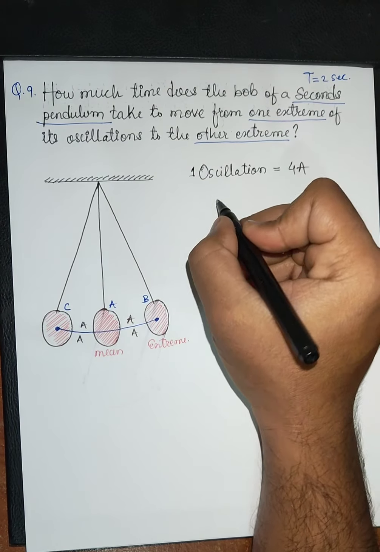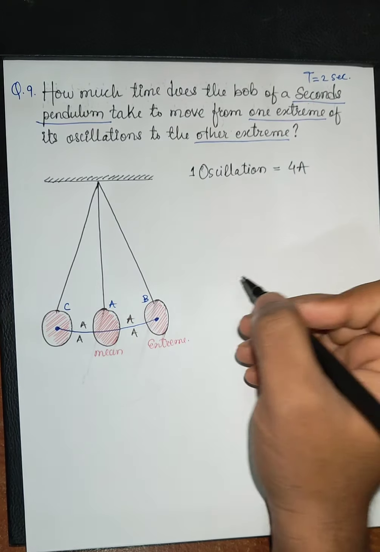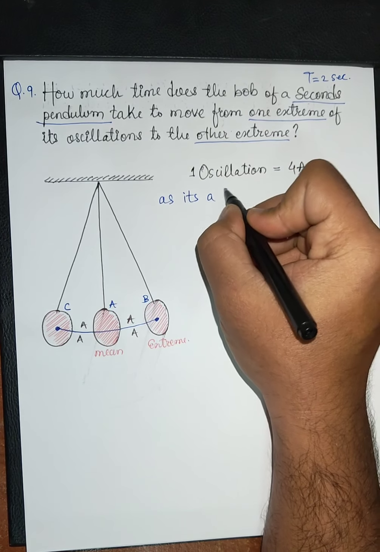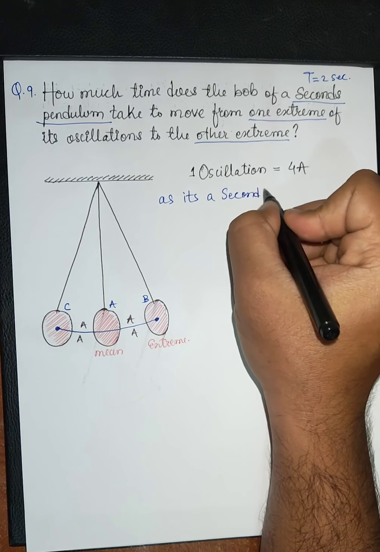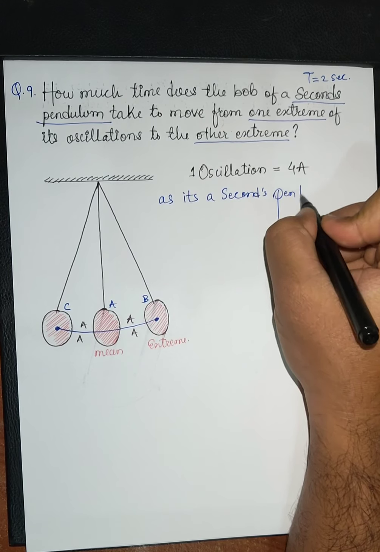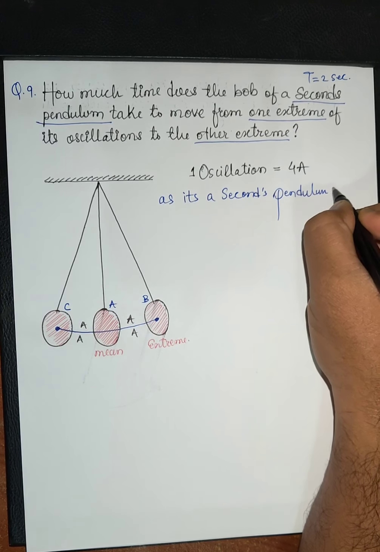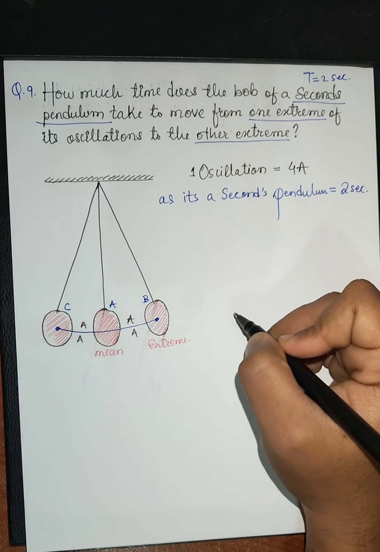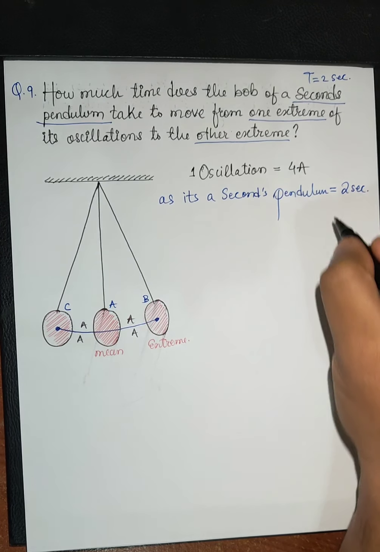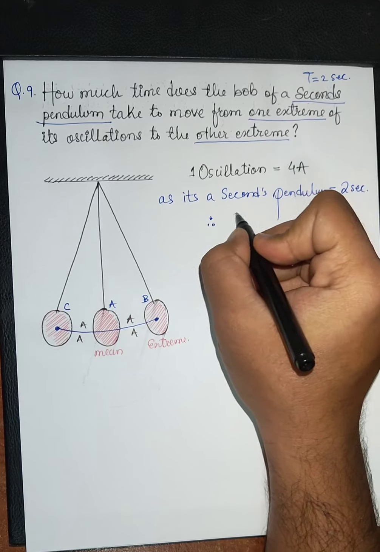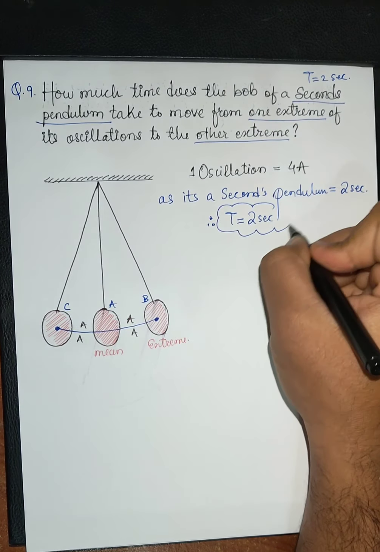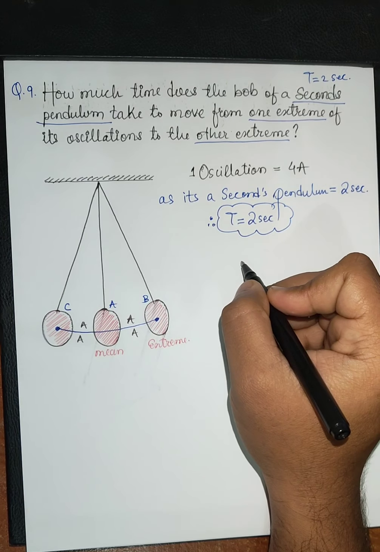As it's a second's pendulum, the time period should be 2 seconds. So we can separately write 2 seconds as the time period, because that is very important here.